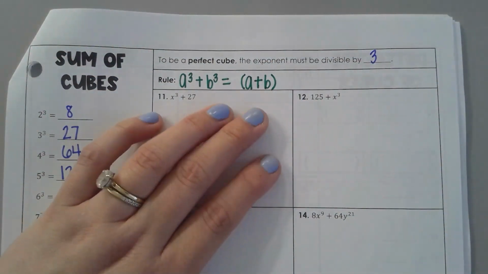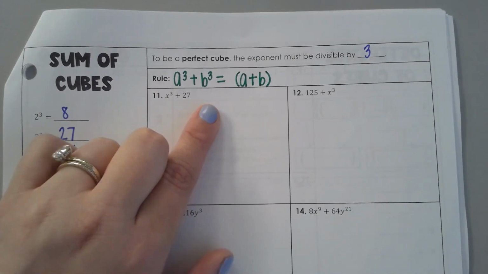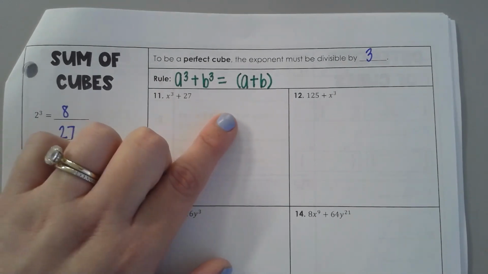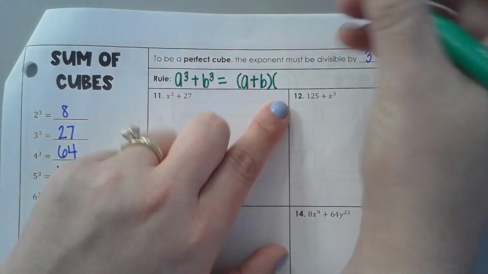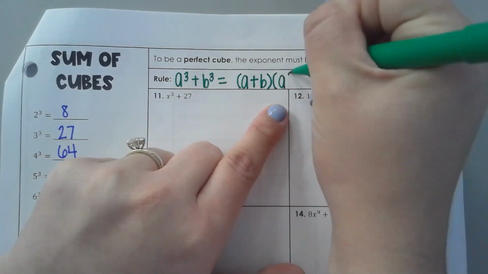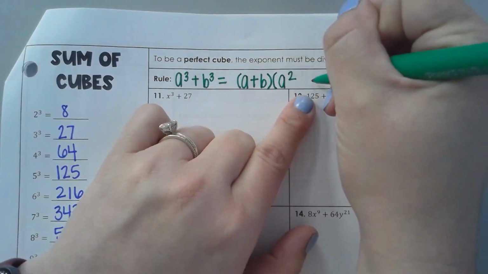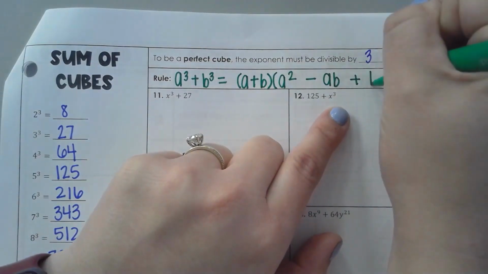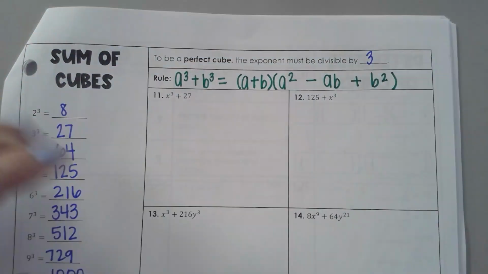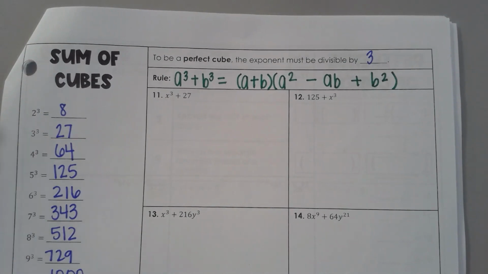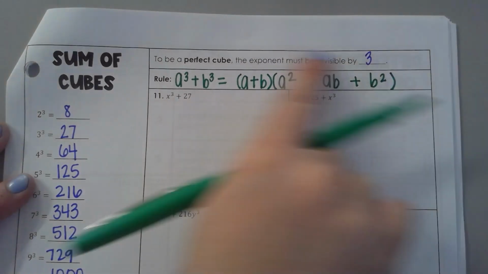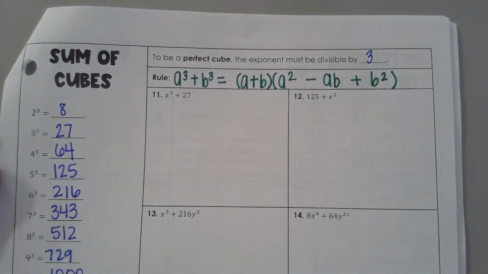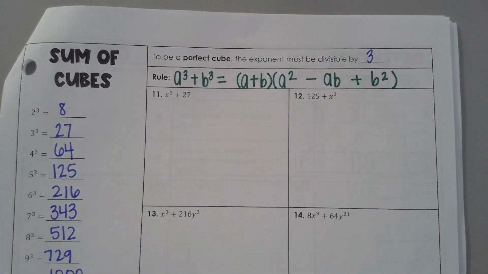We get the a and b by taking the cube roots. Not too bad. But then I have a squared minus ab plus b squared. I will not expect you to memorize these formulas. I will give them to you, but you still have to know how to use them.